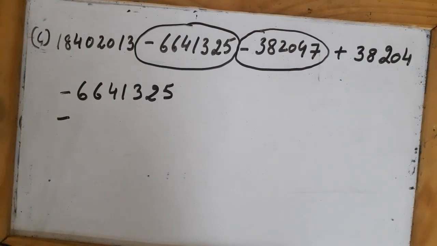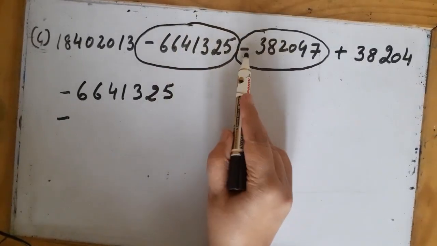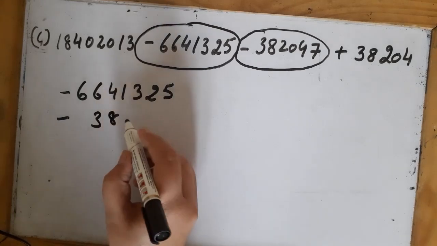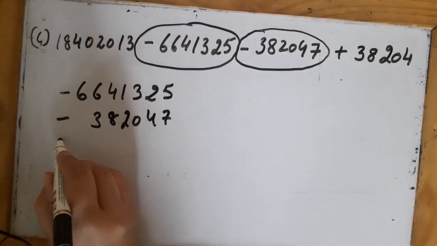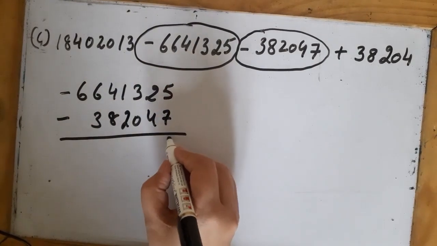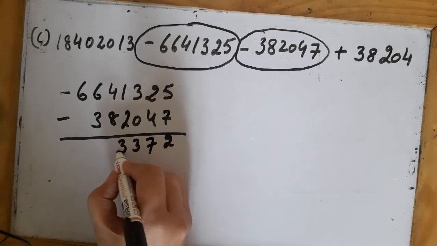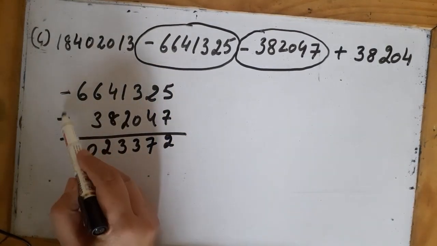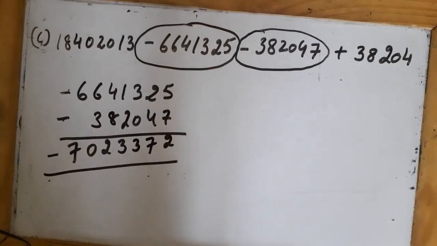So this number and this both are having minus sign in front, so you add them, not subtract them. So when you add them, you will get, and because both are with minus sign, my answer also will be in minus sign.